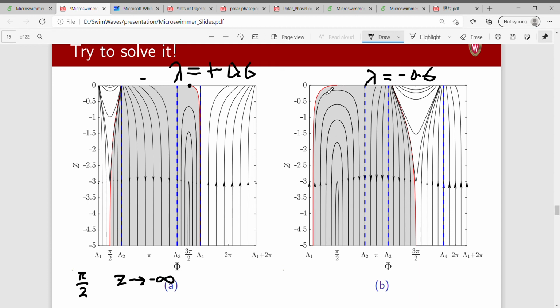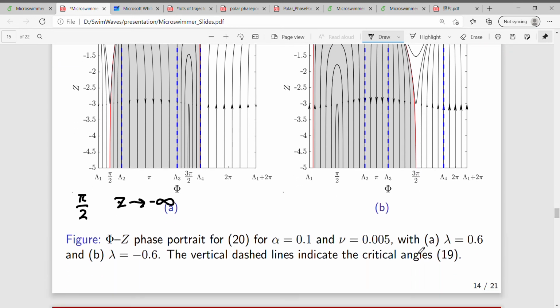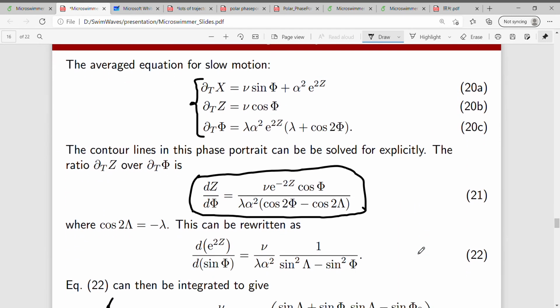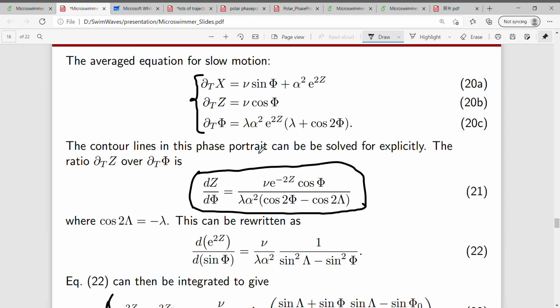In this case, we have to reverse the criteria. Okay, so at the left hand side, this separatrix curve has to go through pi over 2 and 0, and this one has to go through 3 pi over 2 and minus infinity. Okay, so yeah, and we find that it's actually solvable.